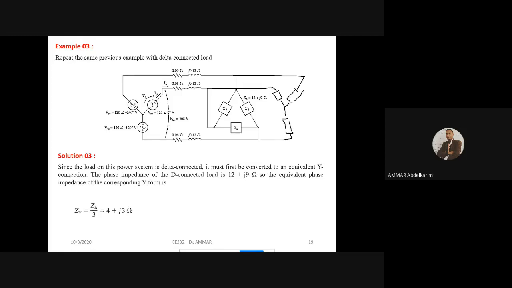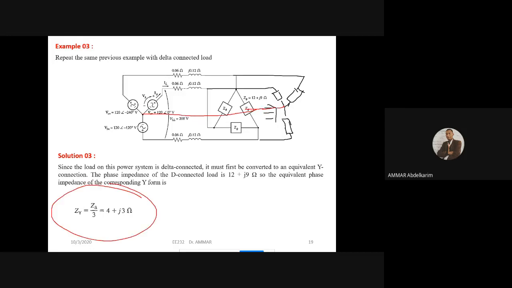So it must be converted into an equivalent Y connected system. Then, as we said before, we add the neutral. This is the neutral point, so we connect it to the neutral of the source.